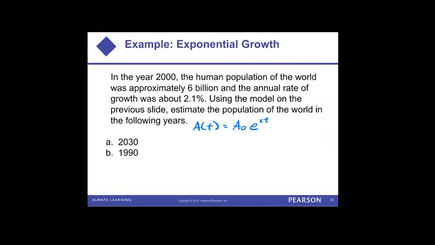The starting amount was 6 billion. It says the rate of growth was 2.1%. We have to write that as a decimal, so that's going to be 0.021. If we're going to let the year 2000 be year 0, we're going to let t be 0 there. I think this is okay. What am I missing?